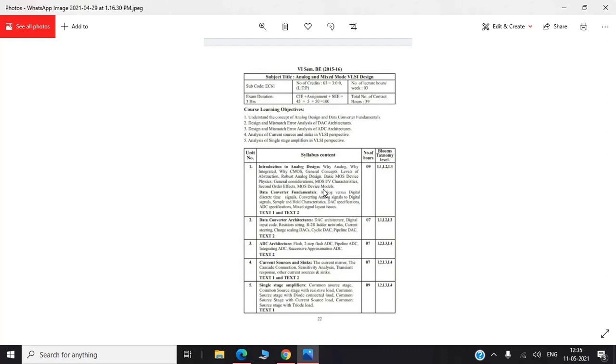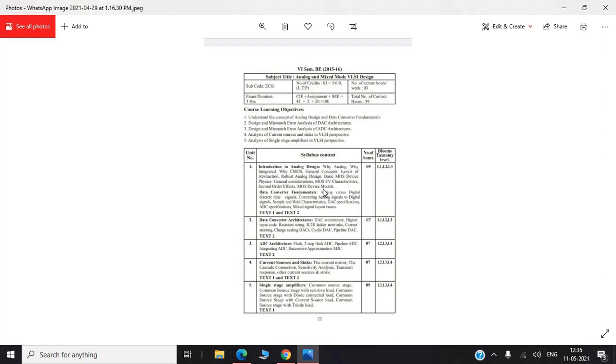So the digital output obtained after processing is converted into an analog output. That is where the digital to analog converter comes in. These things will be covered in your upcoming chapters.